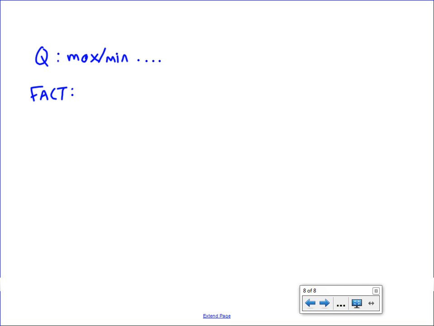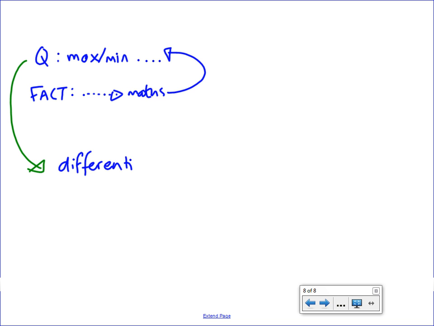You need to write the fact as maths, so rewrite it as a maths equation, and then we had simultaneous equations and we fed that fact into the formula for the question, and that gave us something that we could differentiate. Then we did differentiate and make it naught to find the turning points. That gave us our value of r, or sometimes x.